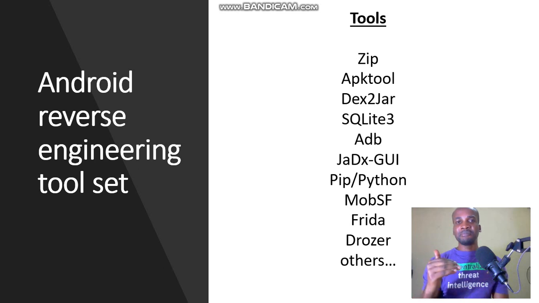Now, PIP is a Python tool that we're going to need in executing some of the tool sets that are written in Python, because most tool sets in Linux environments are written in Python. So MobSF is the Mobile Security Framework.